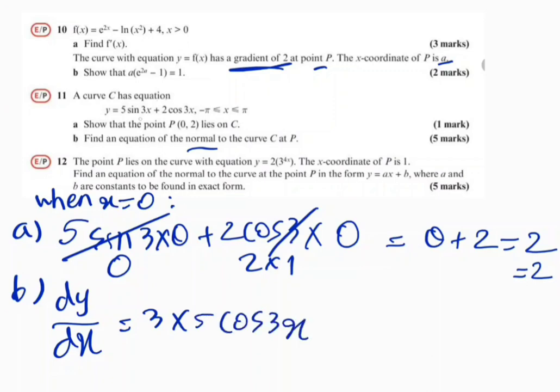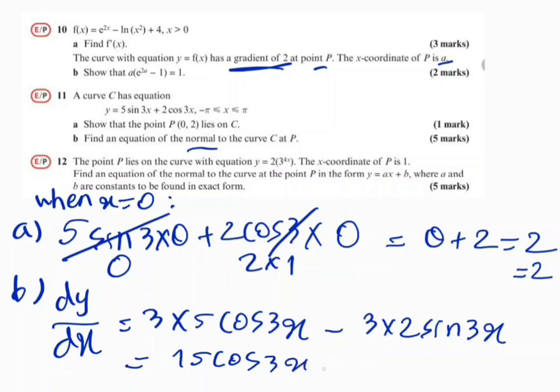So always make sure to consider the inside as well. And then cos differentiates to minus sine, but here we have 2 cos 3x, so that's going to be minus 3 times 2 sine 3x. Now we can simplify this, and we get 15 cos 3x minus 6 sine 3x.